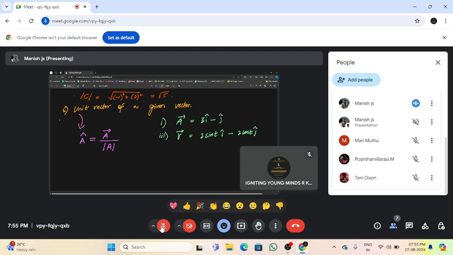Now who can tell me what is r cap for the second part? The first one we have done.